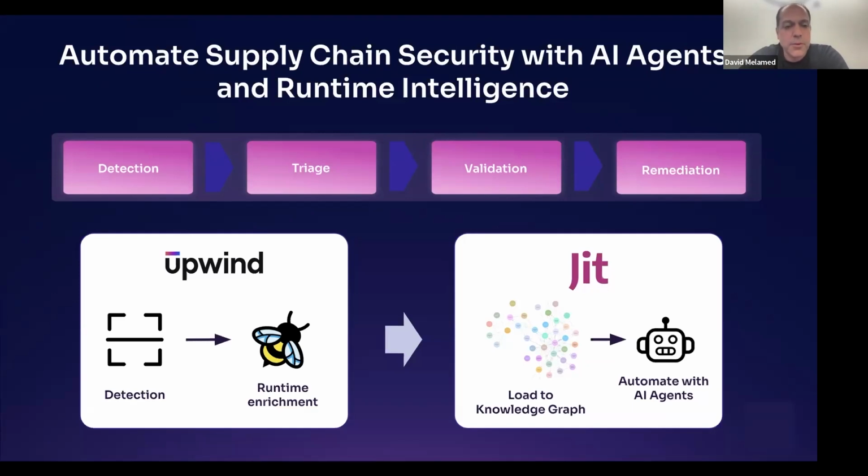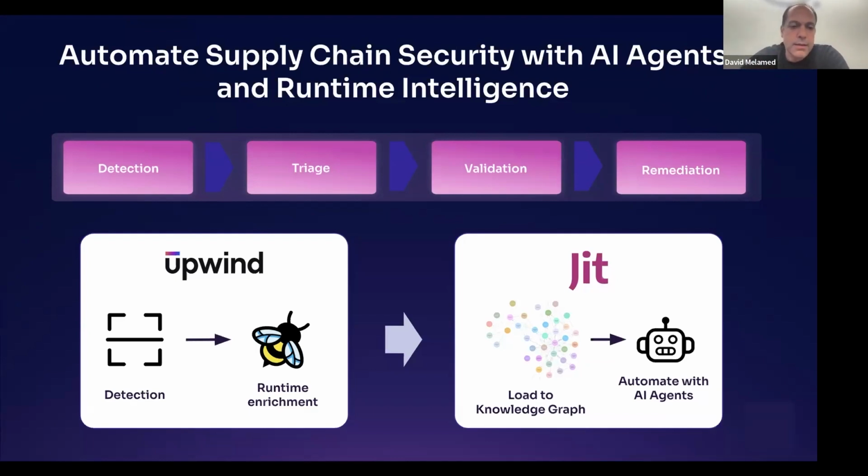So Upwind can detect any issue that happens at runtime using their sensor. So really loaded in memory, externally accessible, and having some serious CVE.